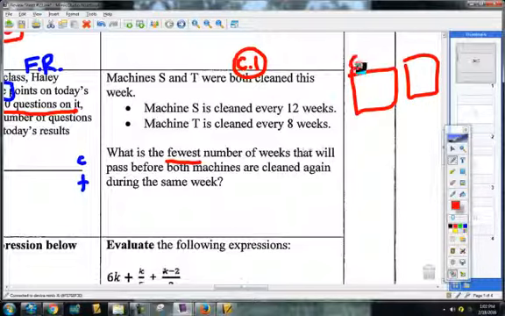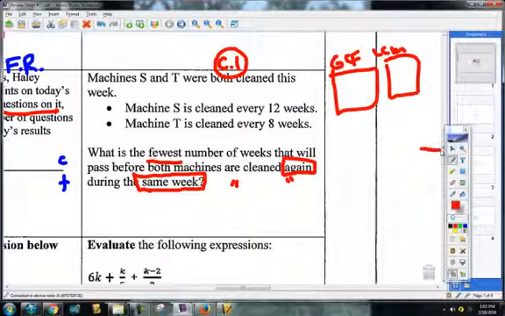Okay? It's either going to be GCF or LCM, I'll just tell you that. Okay? So then you're going to have to go through and figure out what these words mean. Fewest, also, again, is always a good one to use. And then same week. And then there's another word that I always put in quotes. I'm not going to put it here, but it's there, if that makes sense. It's just not there, but it's what we're asking about, something that's happening in the something.